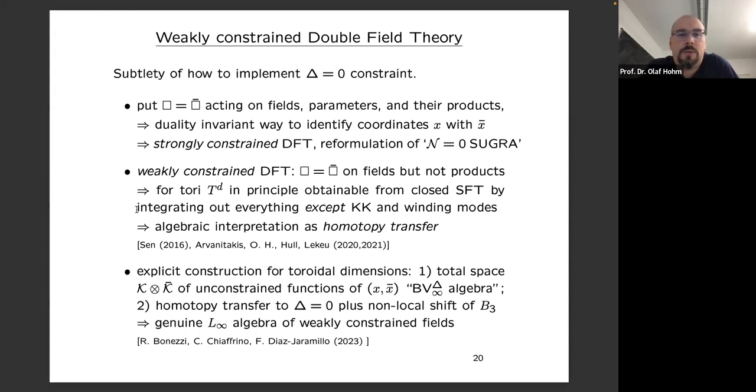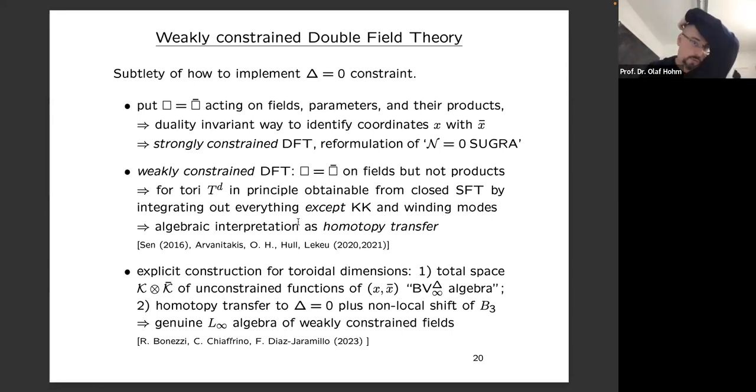However, we know from string theory that this is not necessary. There should be a weakly constrained DFT, double field theory. We do impose this constraint box equal box bar on fields and gauge parameters and everything, but not on products. Now, the product of two objects satisfying this constraint in general does not satisfy the constraint. So you have to project out whatever fails.